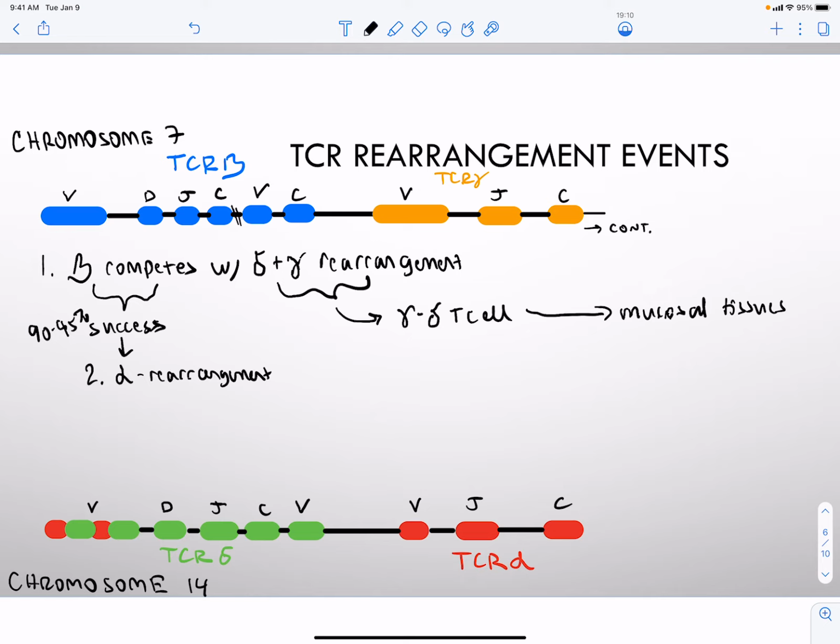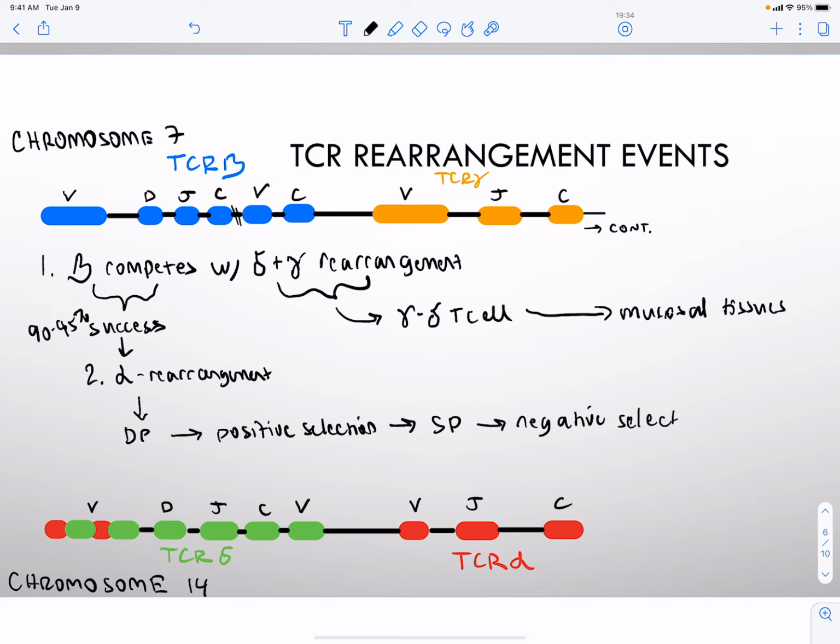The alpha beta rearrangement will undergo double positive, to positive selection, to a single positive, to negative selection, and then it will be released in the periphery.